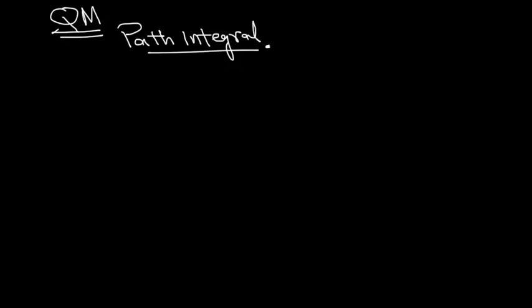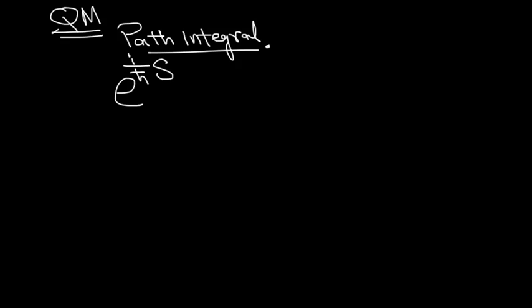Okay. So the weight factor that I just mentioned is e to the power i over h bar times the action, that is S. S is the action, which is the time integral of the Lagrangian, and action is just a way of defining a physical theory, right?